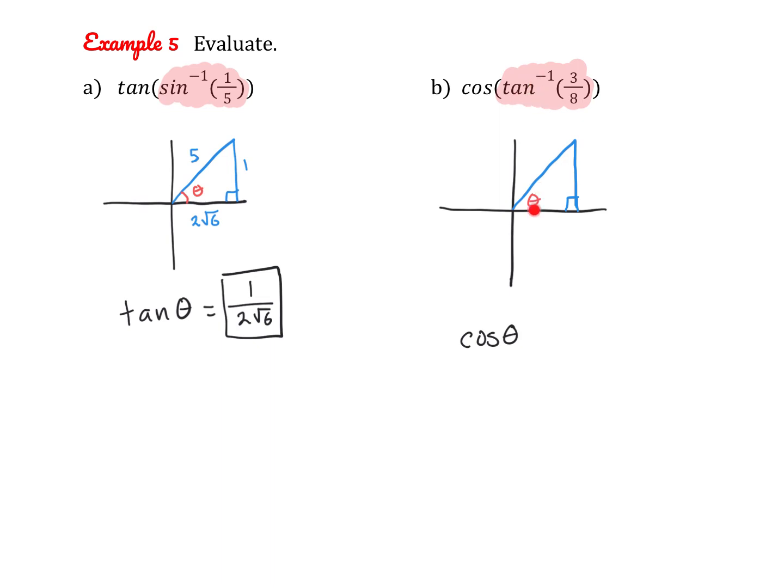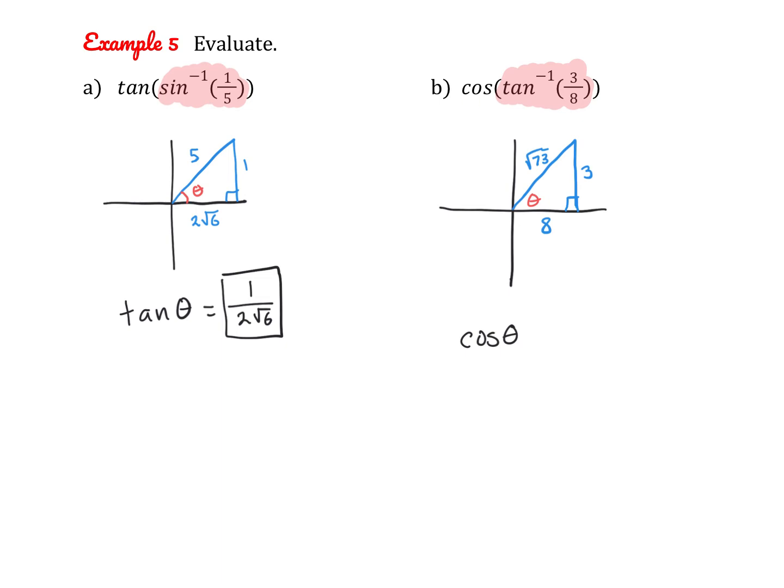Now, if the arctangent of 3 over 8 is theta, that means that the opposite side length is 3 and the adjacent side length is 8. So that means that our hypotenuse is the square root of 73. So now we're just finding the cosine of this angle.